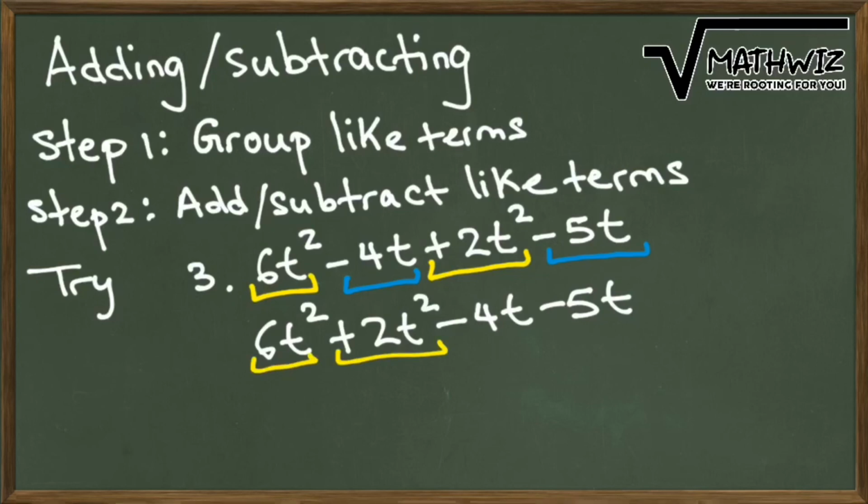All right, let's just mark those off so we can see the colors. Okay, and 6t squared plus 2t squared is going to give us 8t squared, and minus 4t minus 5t. That means somebody takes away 4 apples from us, and then they take away 5 more. In total, they have taken away 9.